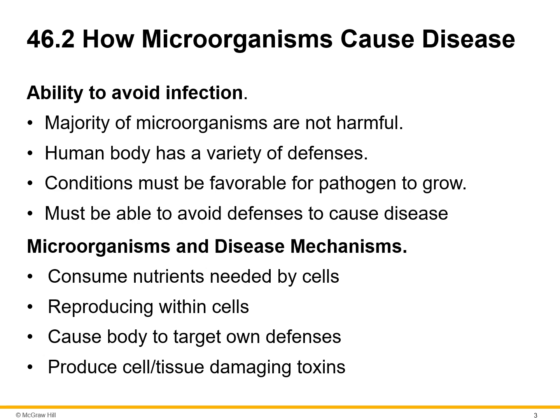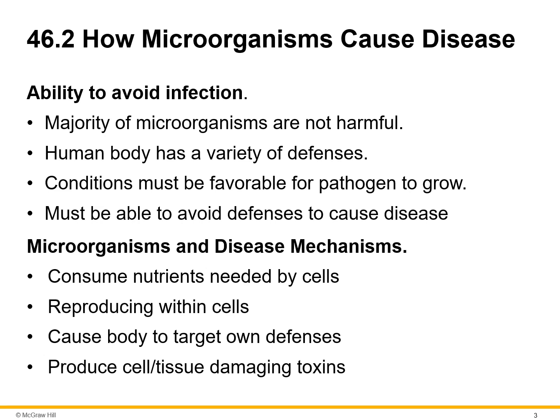We have to be able to avoid defenses to be able to cause diseases. So we talked in 110 about breaking chains or cycles of infection. That means that we're washing our hands, we're stopping it there, that we are taking medications, that we have proper nutrition, that we are getting proper rest and low stress levels, and our body is performing at an optimal level to be able to fight off the different microbiologic pathogens that might enter our body.